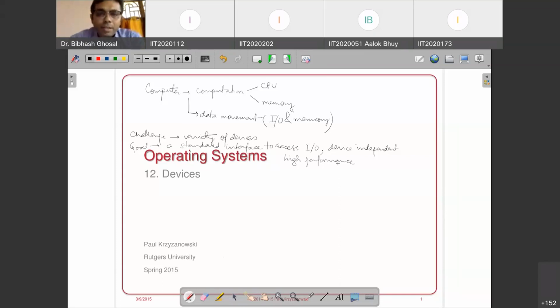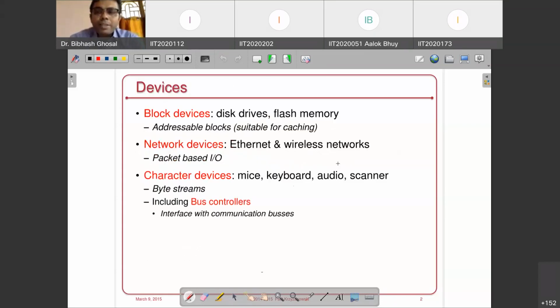We see that the different kinds of devices that get connected to your computer system can broadly be classified into three categories. Block devices, where you access the data in the form of blocks. The network devices, where you access data using packets. Packets are independent units of data.